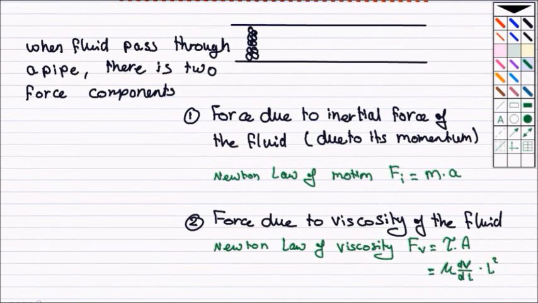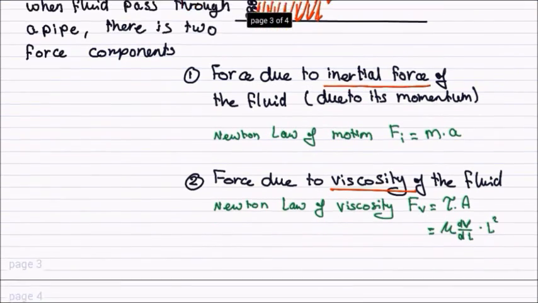The inertial forces are destabilizing forces, and they act in the axial direction along the tube, while viscosity forces are stabilizing forces, and they act normal to the flow direction, or radial to the flow direction.